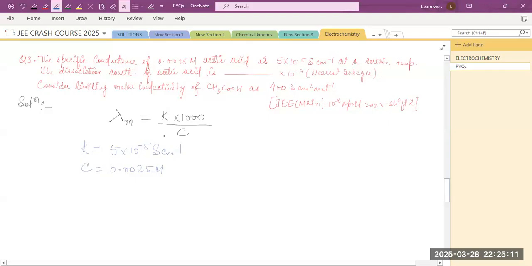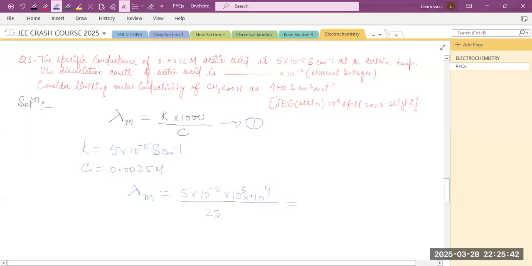So we'll just substitute the value in this equation. The molar conductivity will be 5 into 10 to the power minus 5 into 10 to the power 3 upon concentration. Concentration can be written as 25 into 10 to the power minus 4.